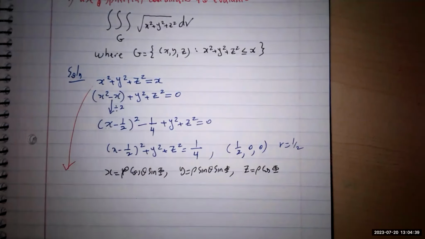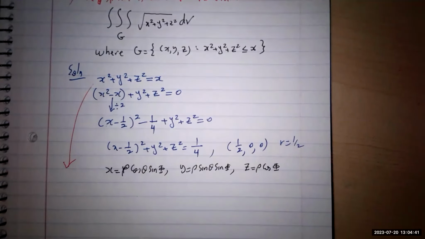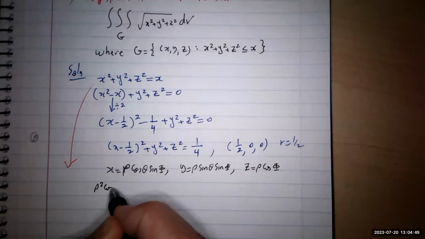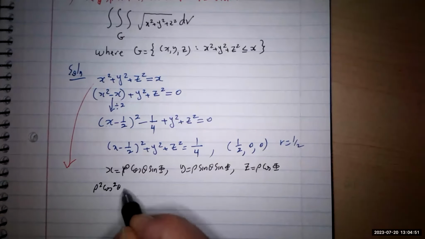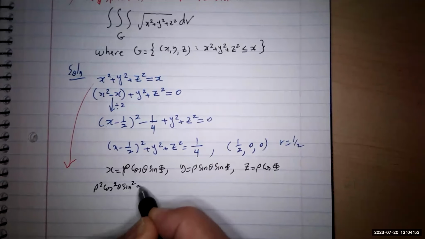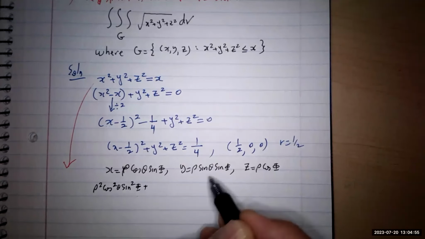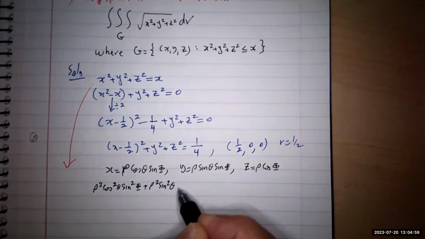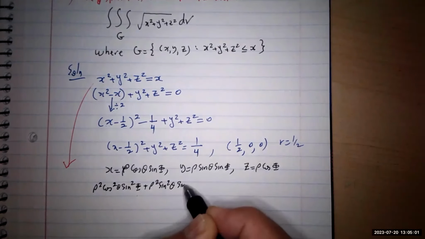Substitute in this. If you substitute, these are all squares, then you can factor it out. So it's going to be rho squared cosine squared theta sine squared phi, plus rho squared sine squared theta sine squared phi.